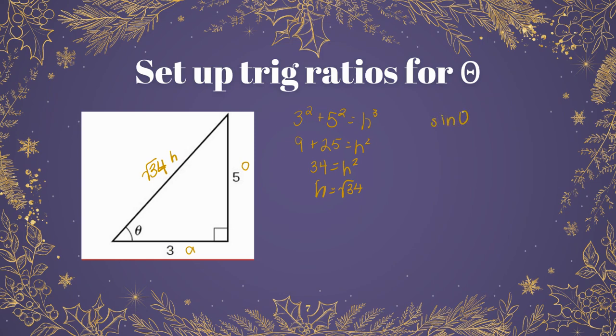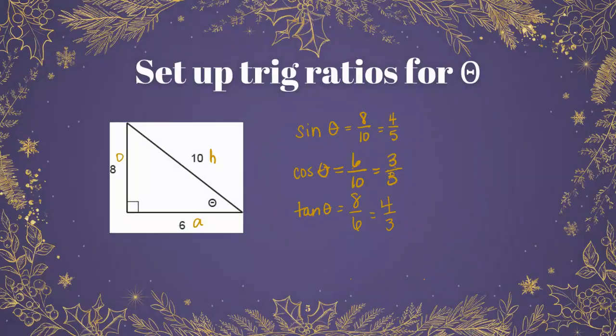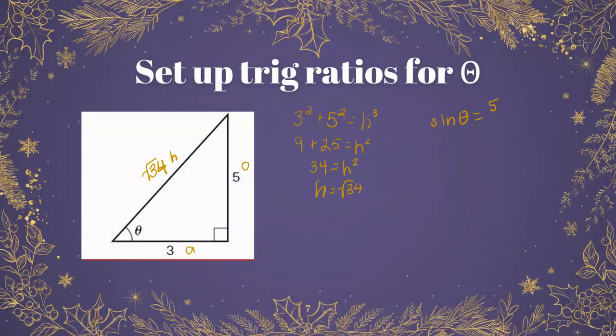So I'm going to start with sine of theta is equal to the opposite over the hypotenuse. I'm going to try to write here, but my pen is being silly. So 5 over the square root of 34. Well, you can imagine that I wrote it, right?